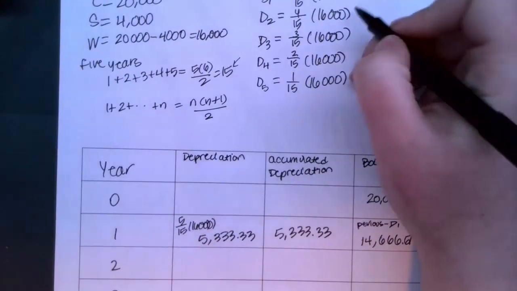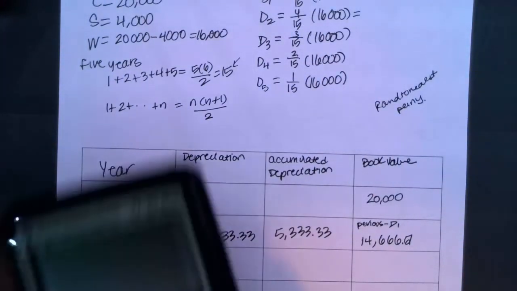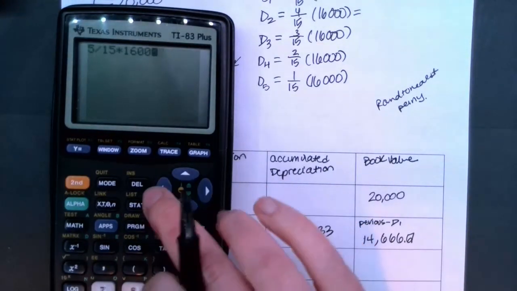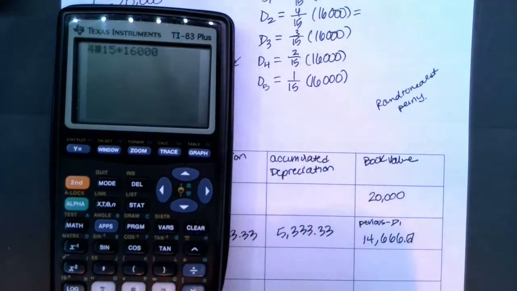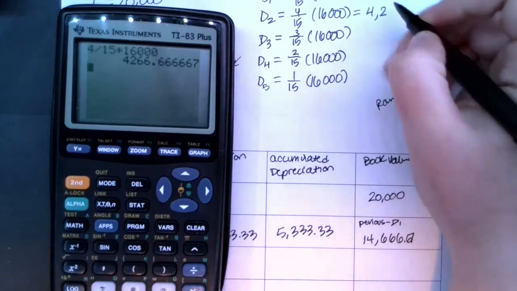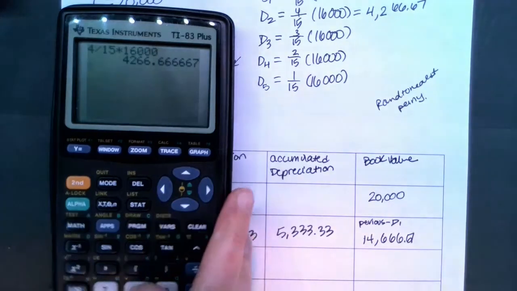And then we do it again. So when we jump up here for D2, we're going to take 4/15 of that 16,000. So on your calculator, you can just go second entry, and it's already there, and all you have to do is change that to a 4. So now it's going to be less, $4,266.67.